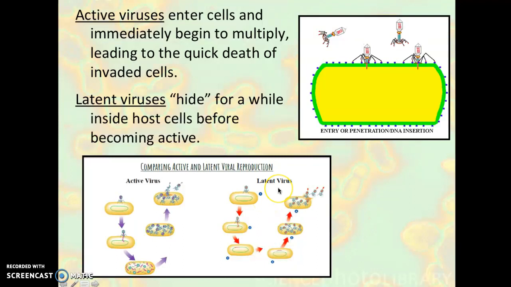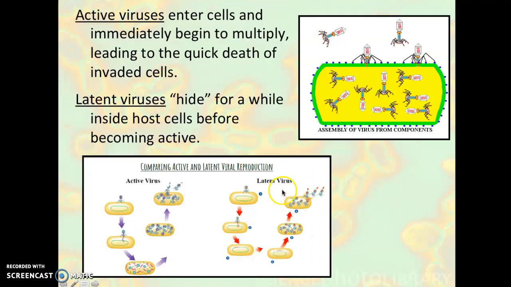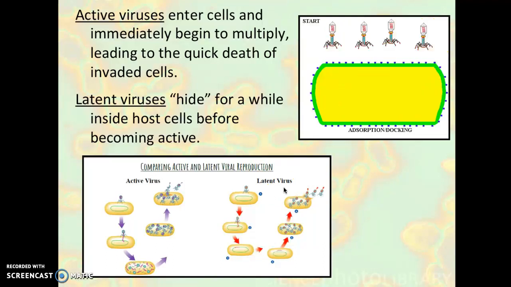And then when I get a little bit stressed or I'm traveling, that virus becomes active again. And, you know, different viruses do this, and people have different triggers. My triggers are stress and traveling. So that just gives you an example of a latent virus.